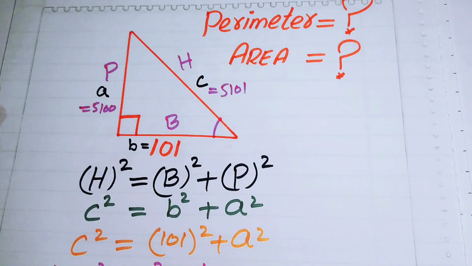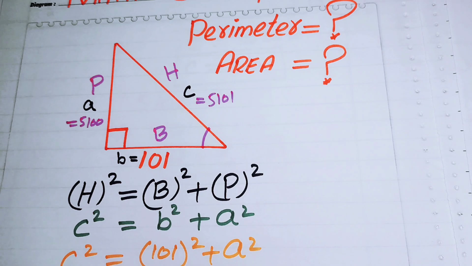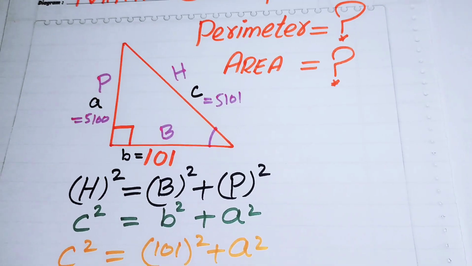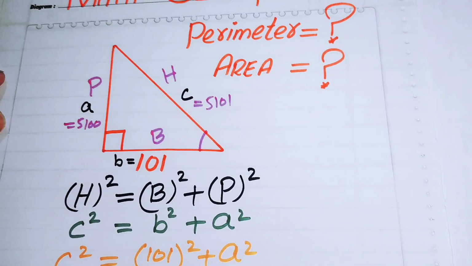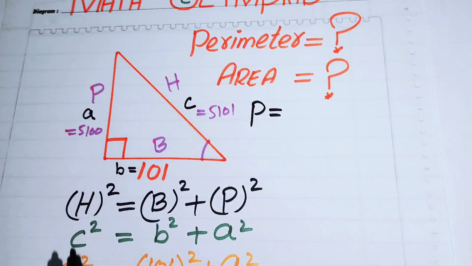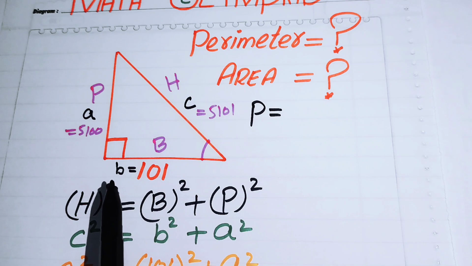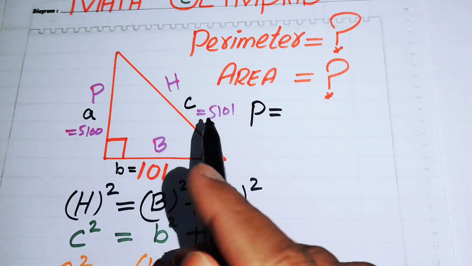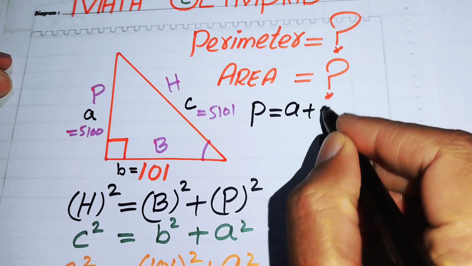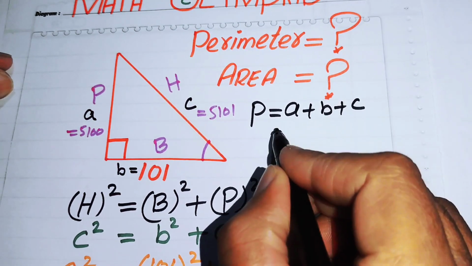And now we find the perimeter and the area of this triangle. The perimeter p is the sum of the lengths of all sides of the triangle, so perimeter equals a plus b plus c.